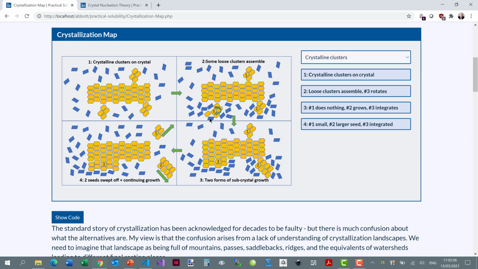And this one has actually rotated, so it's now being incorporated into the big crystal. So there are three possible outcomes when we have crystalline clusters forming on the crystal. We have crystal growth here, we have this small one going off and doing whatever it does, and here that's probably going to be a seed crystal for secondary nucleation.